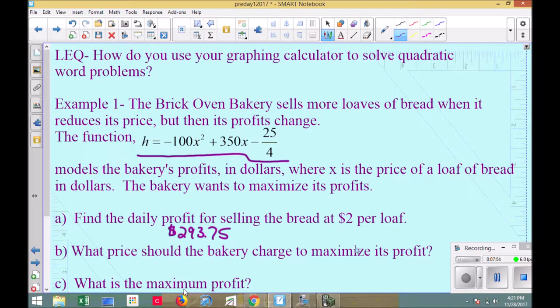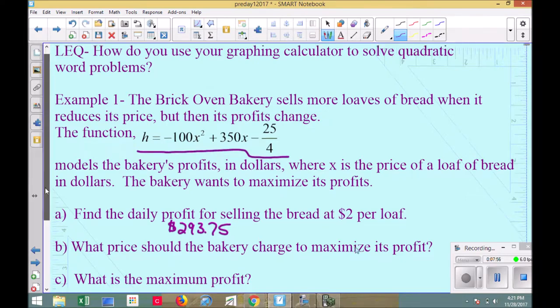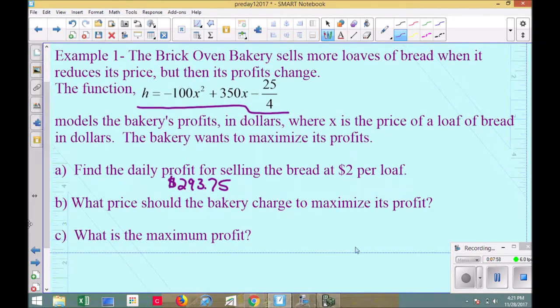So the next question: what price should the bakery charge in order to maximize its profit, and what is the maximum profit? Both of those questions, if you recall, I'm looking at just a quick sketch of my graph, both of those questions are referring to the vertex. That's going to be where the maximum profit is and what the price is that they should charge to get that maximum profit.